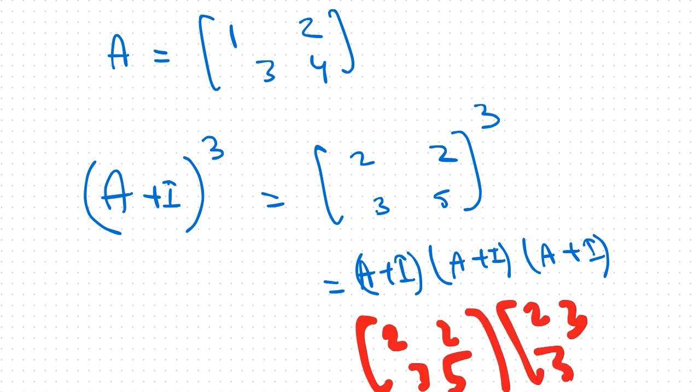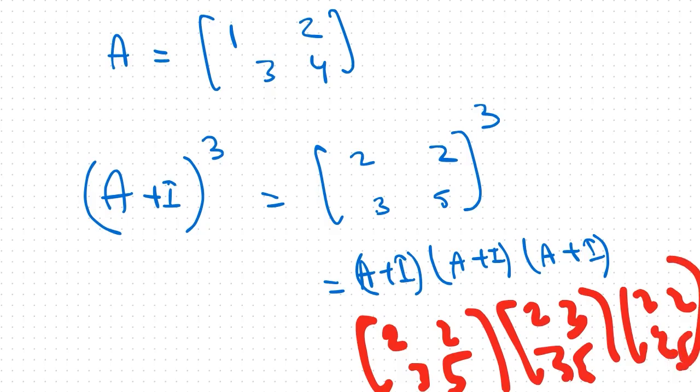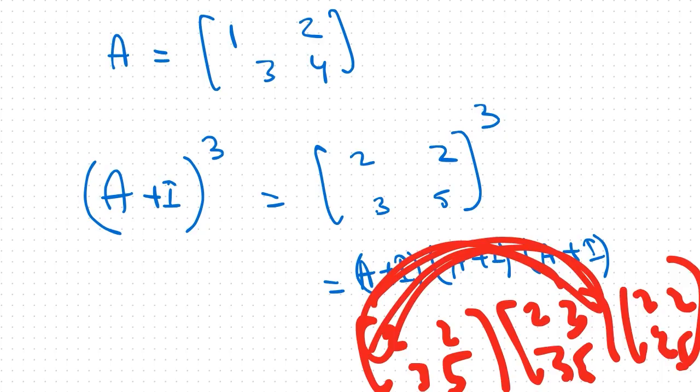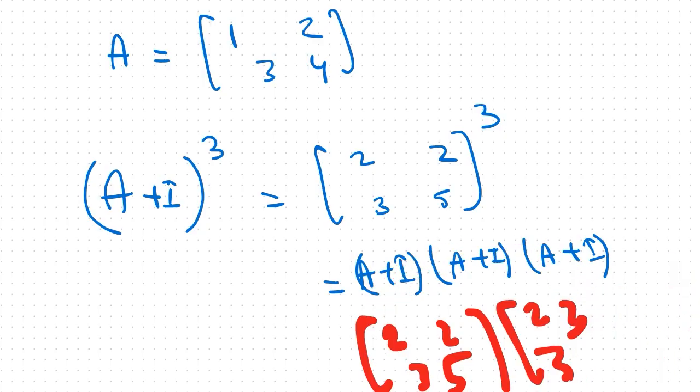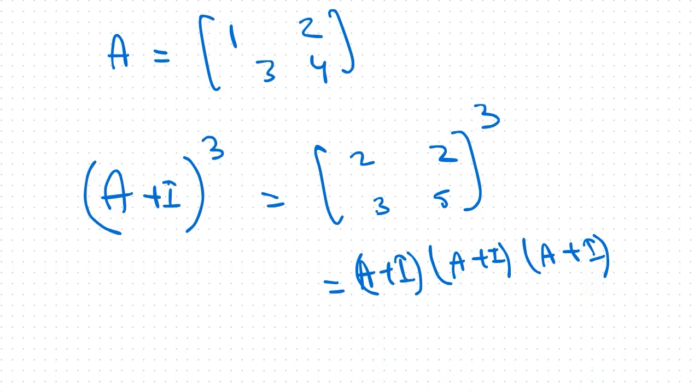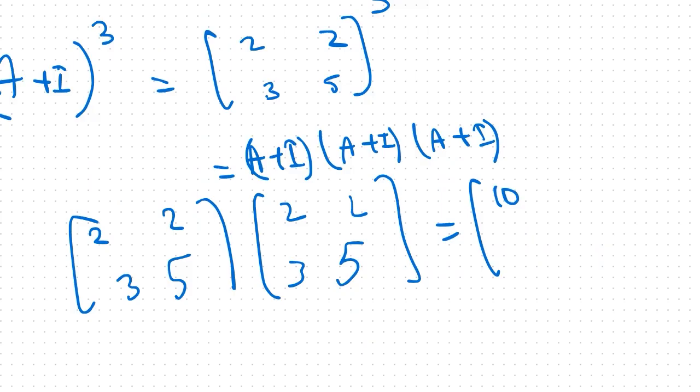First two products, what will the answer be? 2 into 2 is 4, 2 into 3 is 6. So 4 plus 6 is 10.